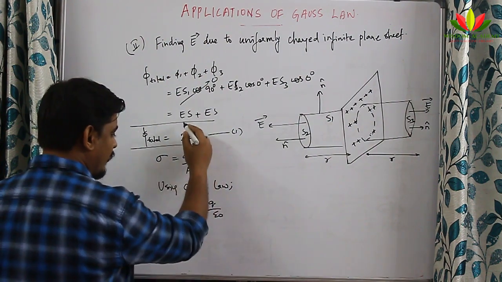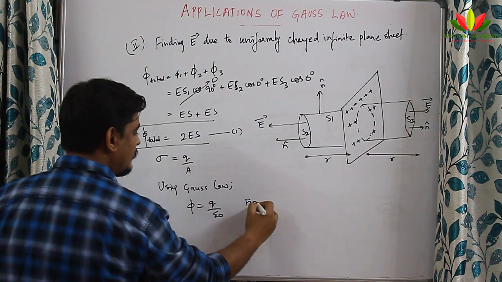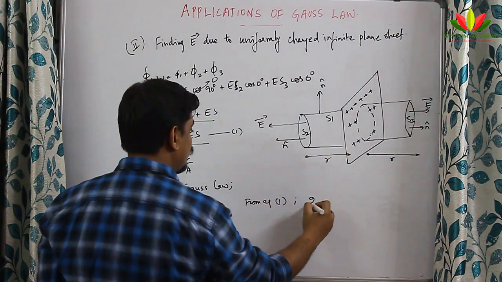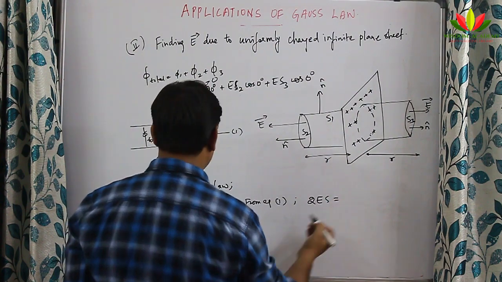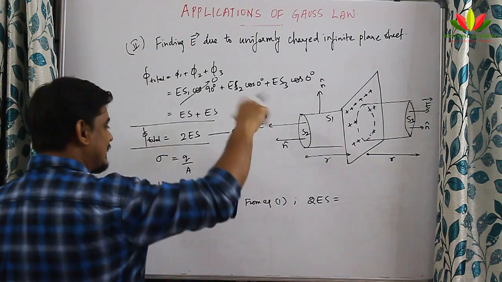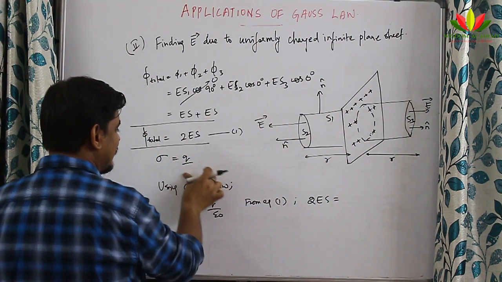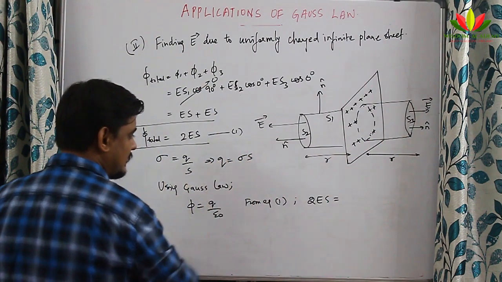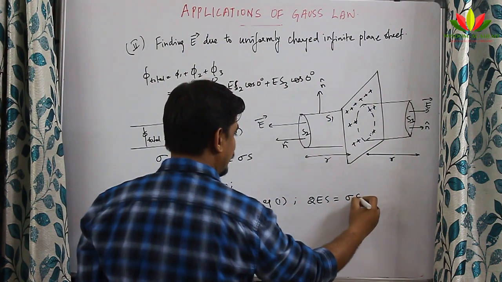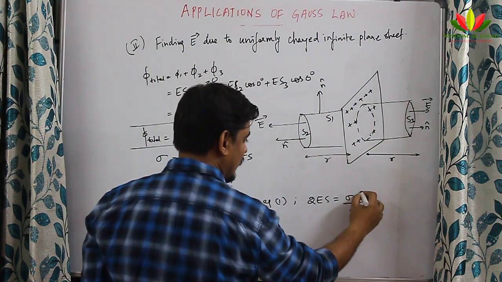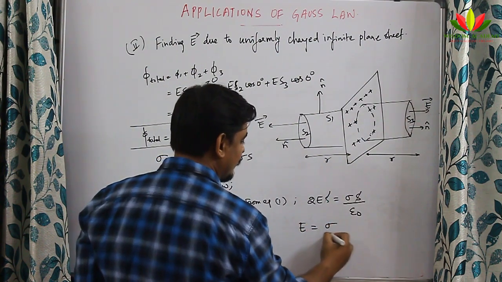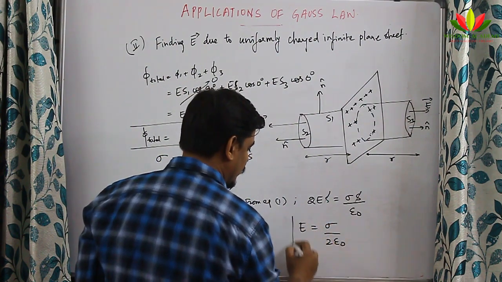So, from equation 1, 2 ES is equal to Q by epsilon naught. Here the area is S, so instead of A I can write S, and Q is equal to sigma into S. So, 2 ES is equal to sigma into S by epsilon naught. S gets cancelled and I get the electric field as sigma by 2 epsilon naught.